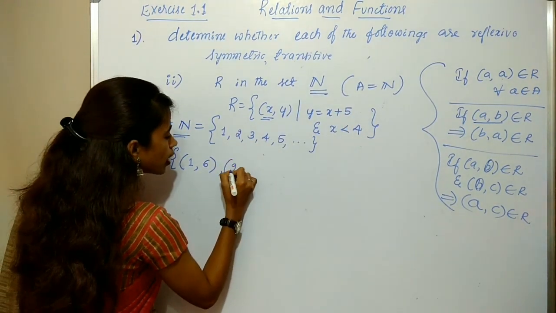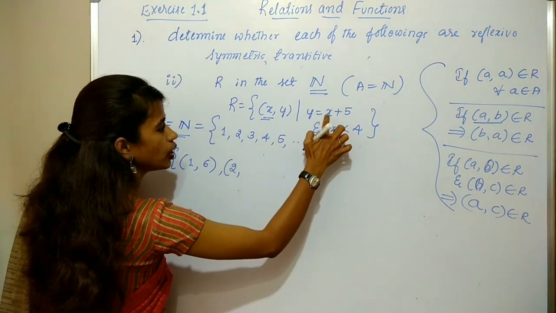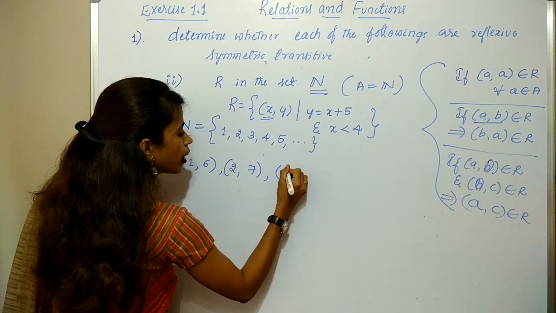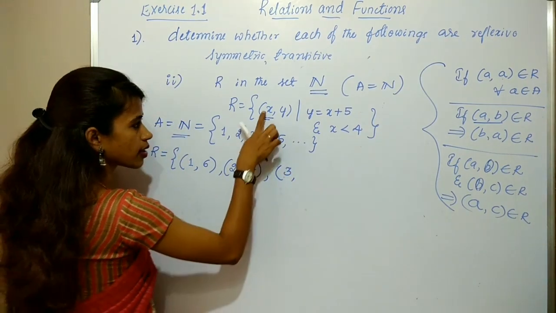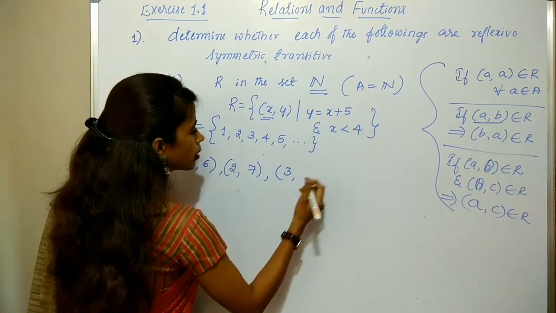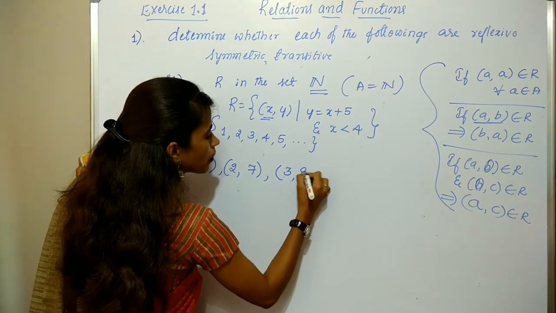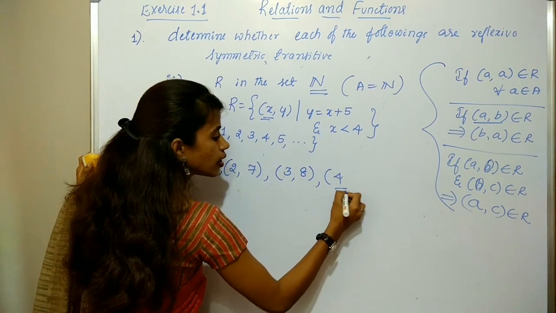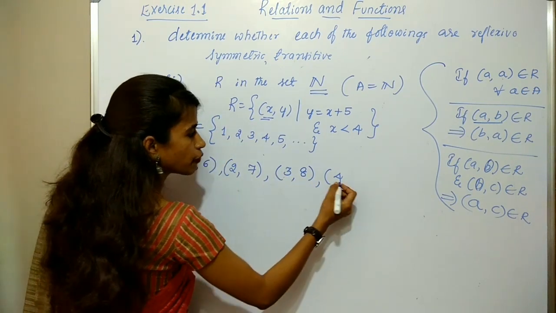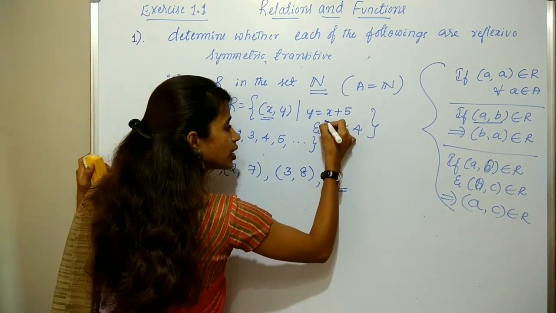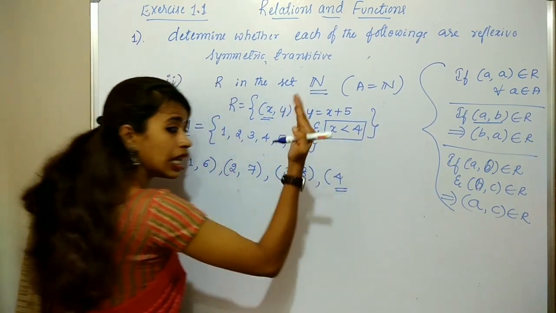If I take 2, then what is y? 2 plus 5, that is 7. If I take 3 in place of x, what is y? 3 plus 5 is 8. If I take 4, it is not possible because the condition is x should be less than 4.